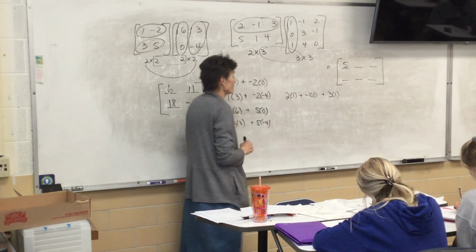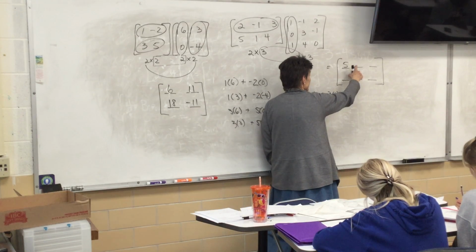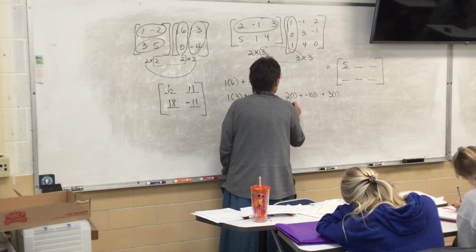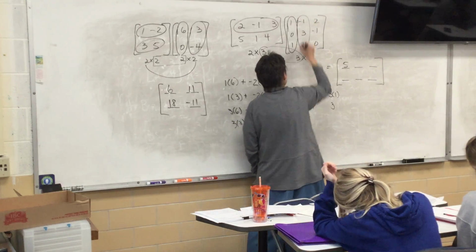Okay, we'll do one more together, and then I want you to do some by yourself. Let's go over here and do this one. This is going to be row 1 still, but now it's going to be column 2.